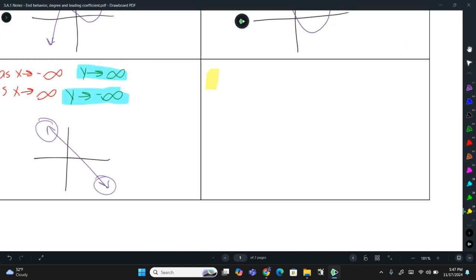Then if our leading coefficient was negative, let me use the same color, as x approaches negative infinity and as x approaches positive infinity, both ends go down. And we had quadratics that did that.